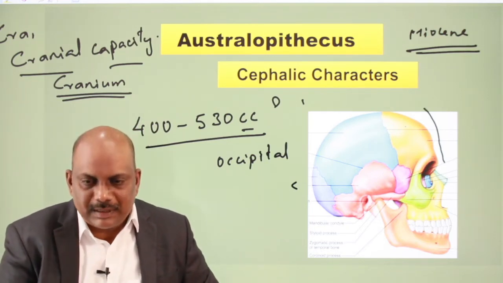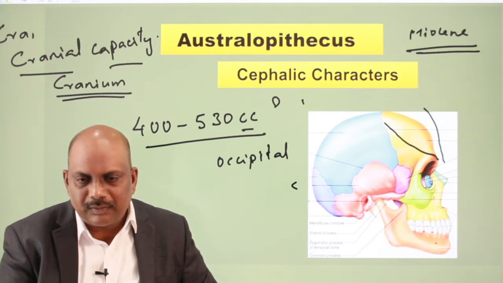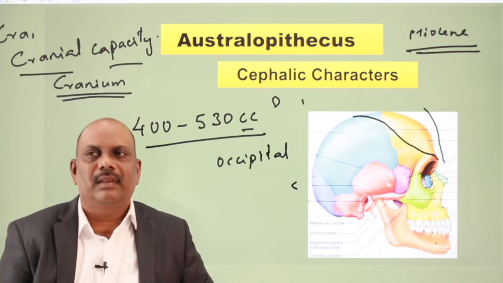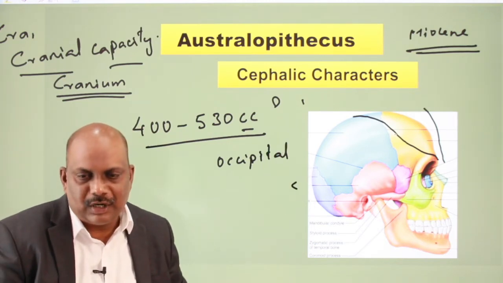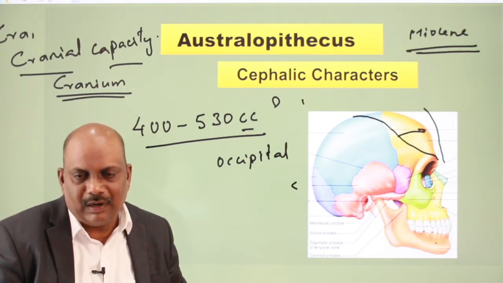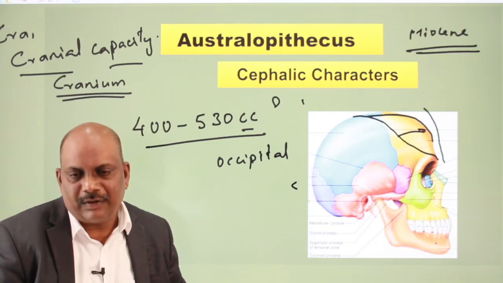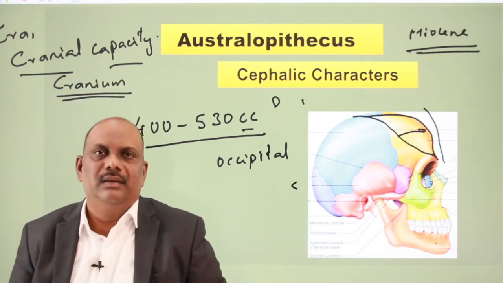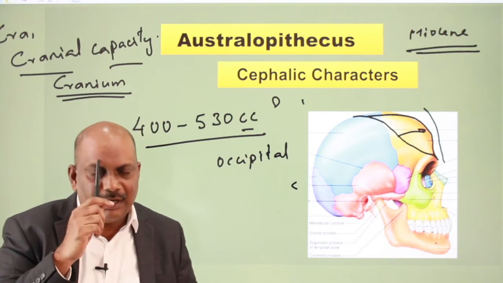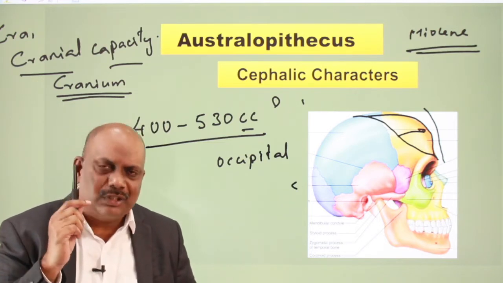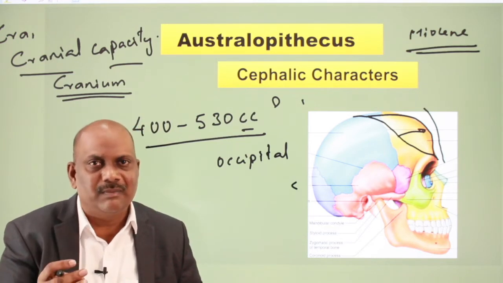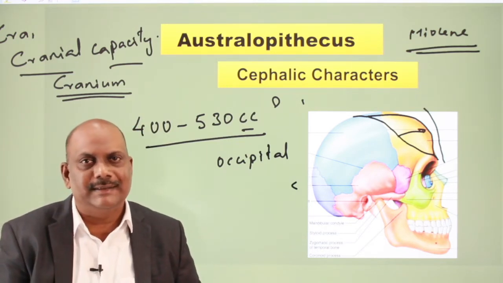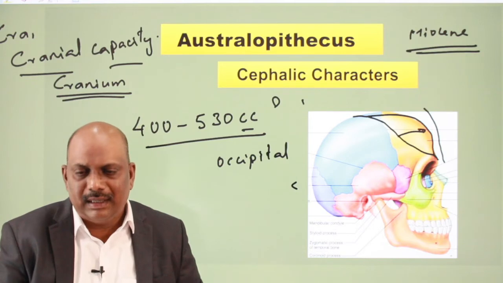But for Australopithecus, the forehead used to be sloping like this. So during the course of evolution, the brain started developing and we got the straight forehead. For Australopithecus, the forehead is sloping. For most of the primitive apes, even for Homo erectus and Homo habilis, the forehead used to be sloping like this.